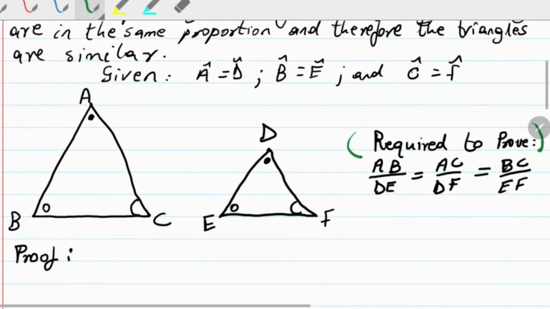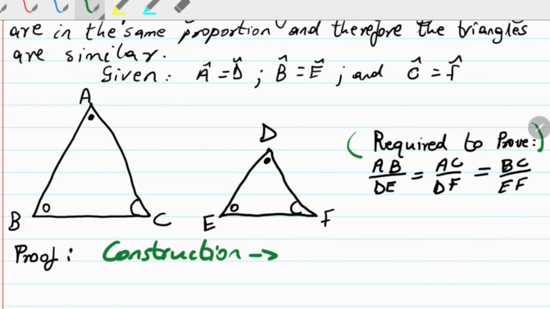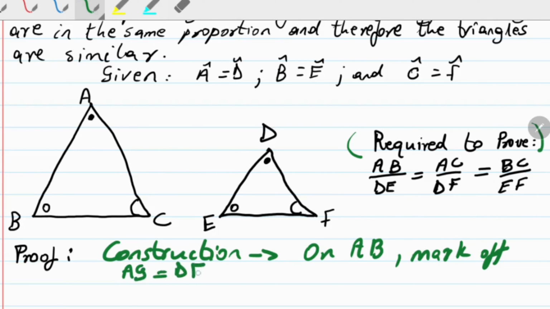With our proof, we're going to start with a construction as always. So what are we going to construct? On side AB, we will mark off AG being equal to DE.